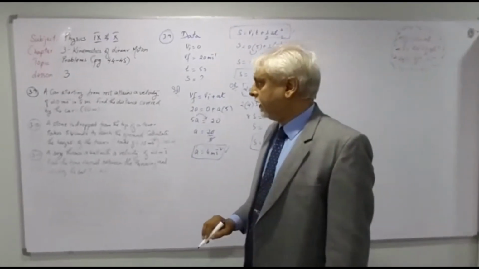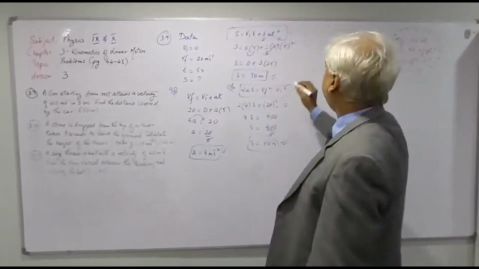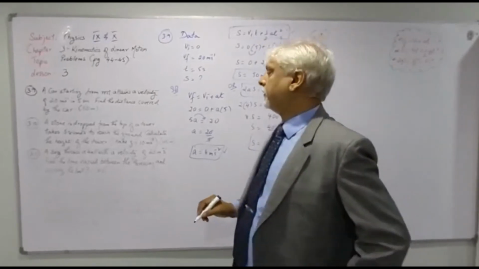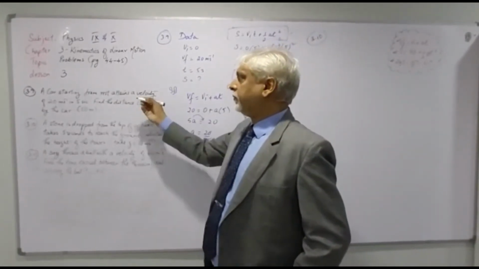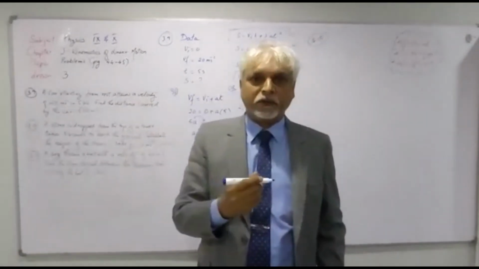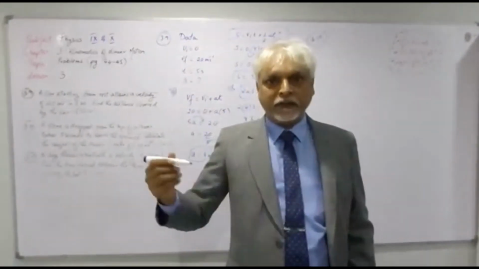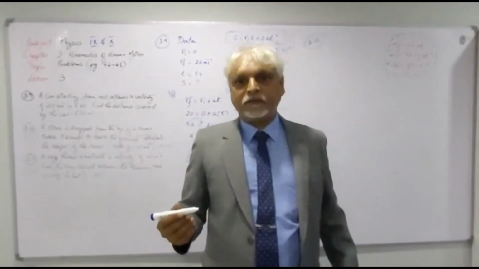Right? Okay, let's move on to the next question, 3.10. Now in 3.10 it says a stone is dropped from the top of a tower. Now up to 3.9 we solved questions which were based on linear motion, which is moving horizontally, that is left to right or right to left, whatever it is.